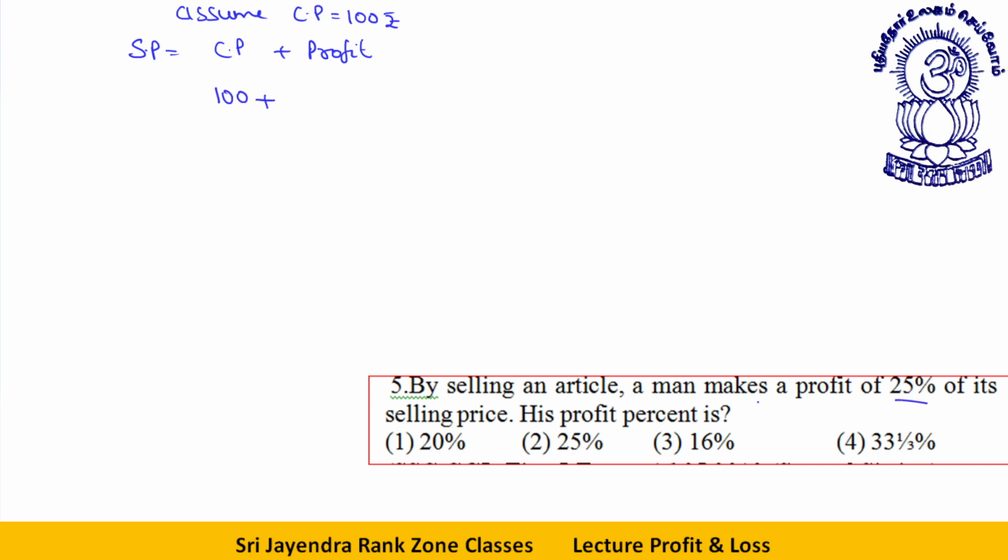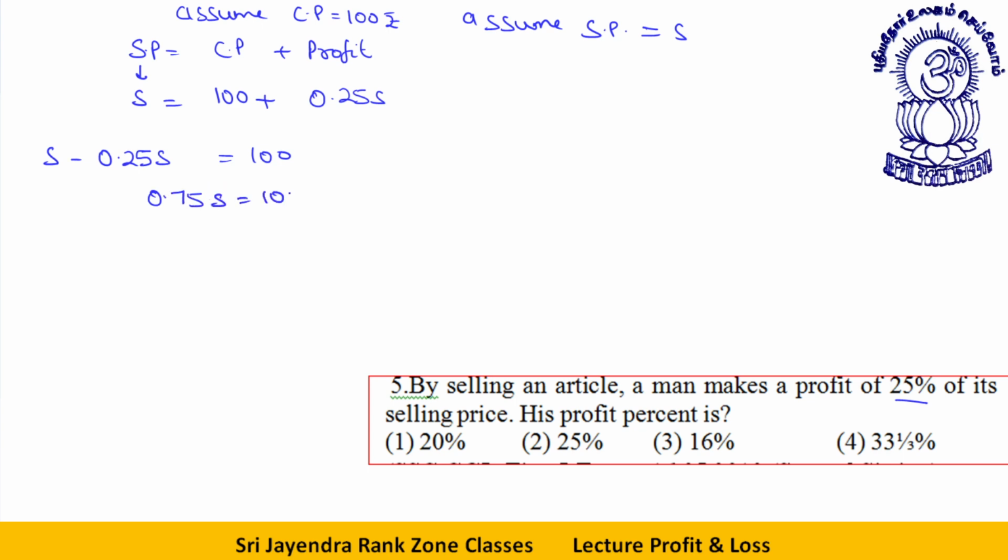Man makes a profit of 25% of its selling price, that is 0.25 S. Assume SP is equal to S. So here this becomes S minus 0.25 S is equal to 100, or 0.75 S is equal to 100, that is 3 by 4 S is equal to 100.